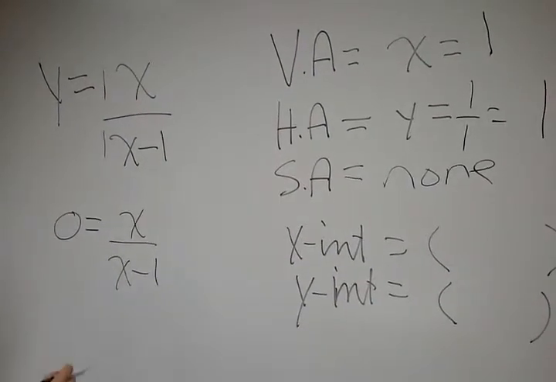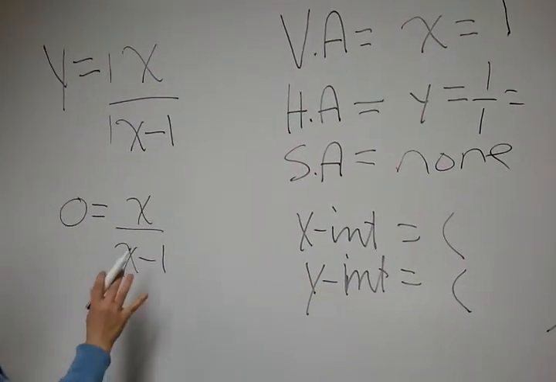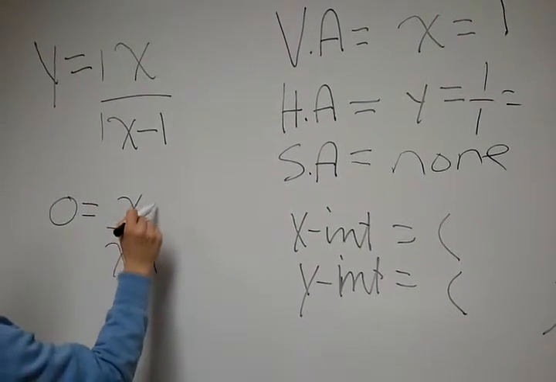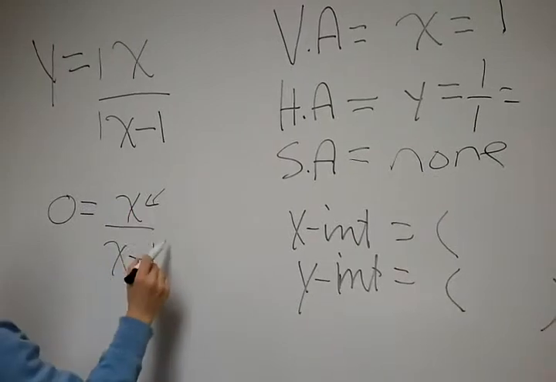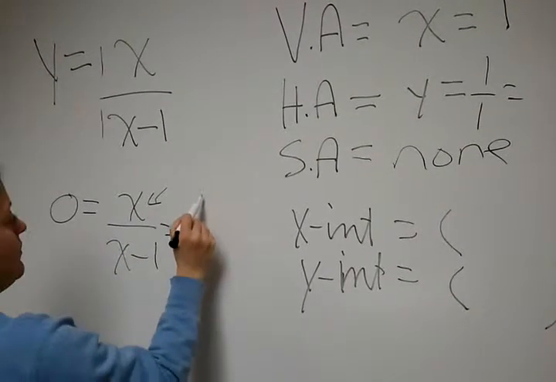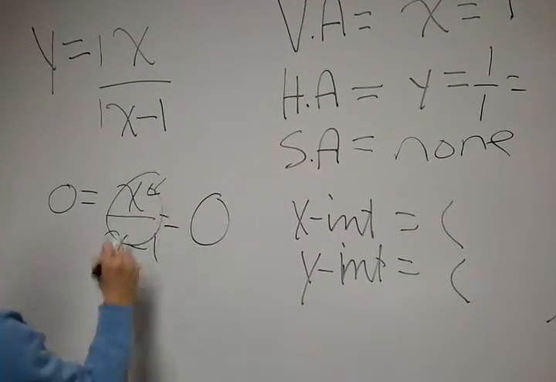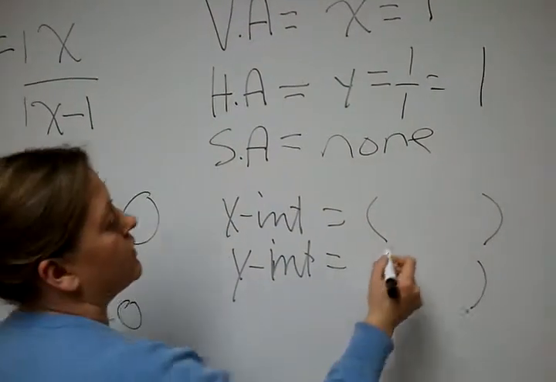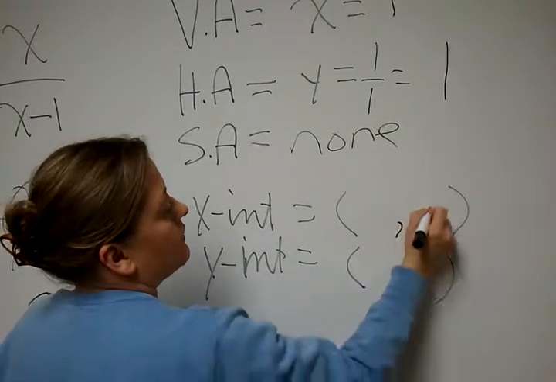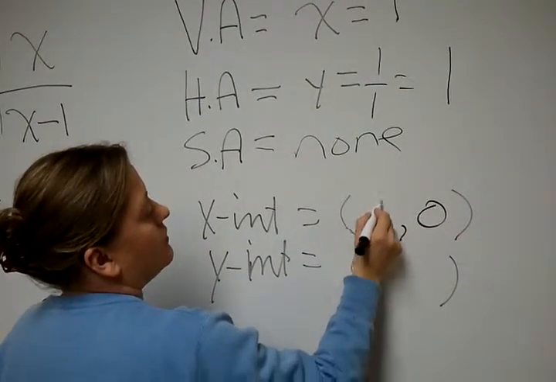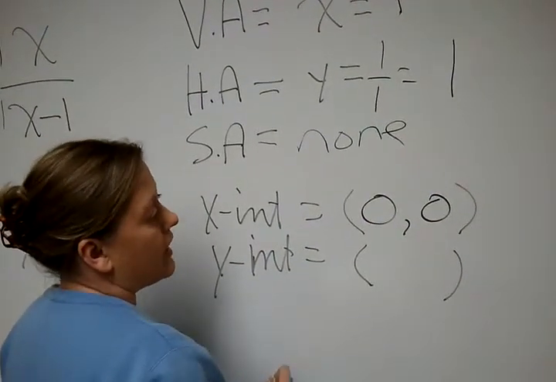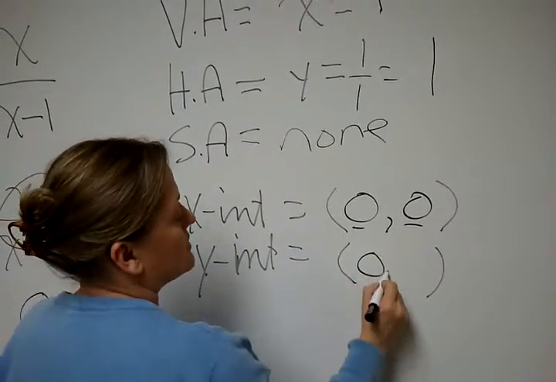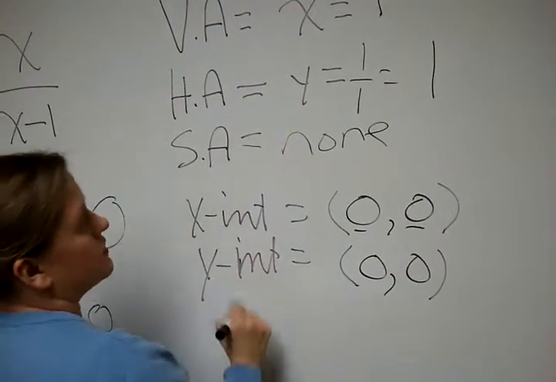When we're dealing with fractions, in order to make a fraction equal to 0, all we have to do is plug a 0 into the numerator, and that'll make the entire fraction 0. So 0 equals 0. We have 0 in for our y, and we got 0 out for our x. Since both of them are 0, we can do the same for our x and y intercepts.